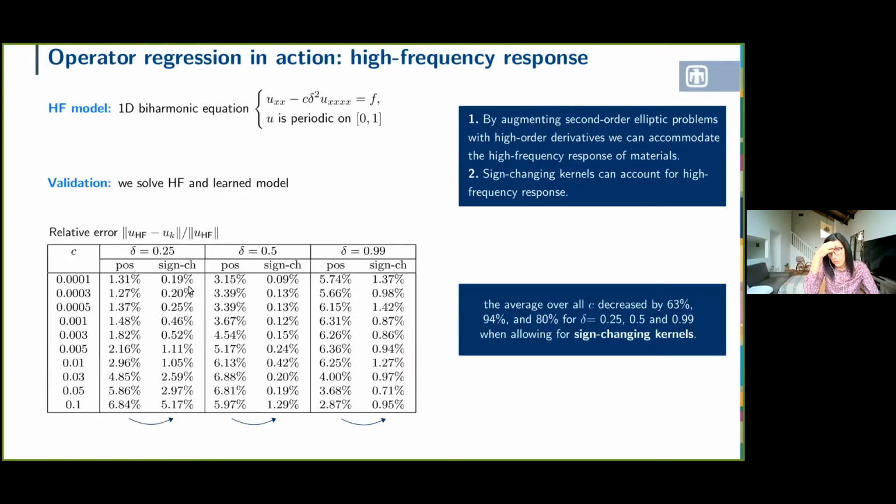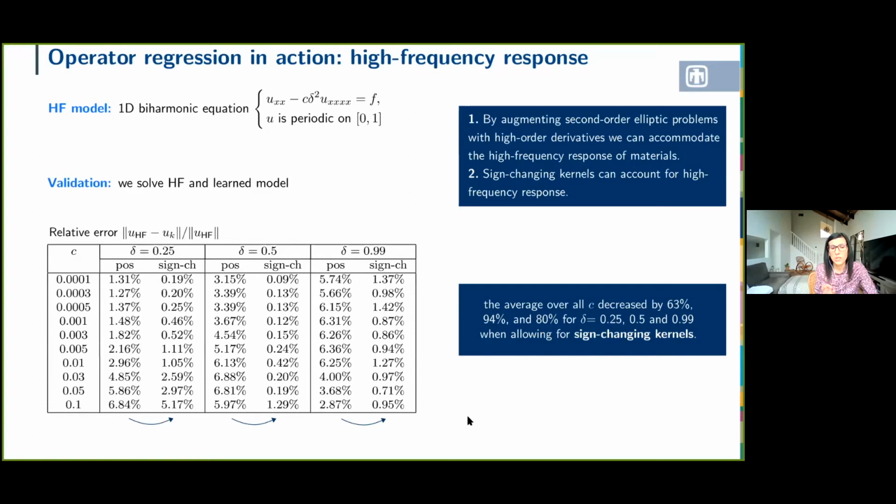The table is a little bit messy, but I'm going to summarize the information that you have here. We're testing different horizons, so different deltas, and different parameters for the high fidelity data. The first column is the accuracy, so the relative error as it is defined here, for a positive kernel, and the second column is for the sign changing kernel.